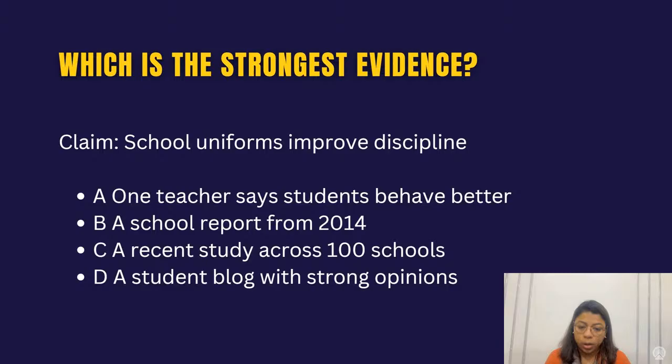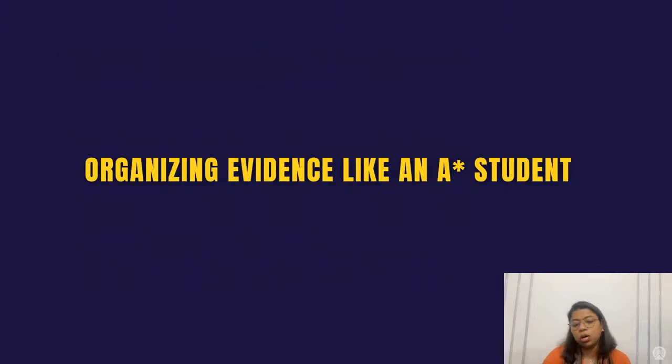Okay. So I hope how to identify strong evidence is crystal clear. I'm trying to break it down into small, simple strategies so that it's easy to learn. That is how I personally love learning. Now, what we have learned is how to identify the evidence.